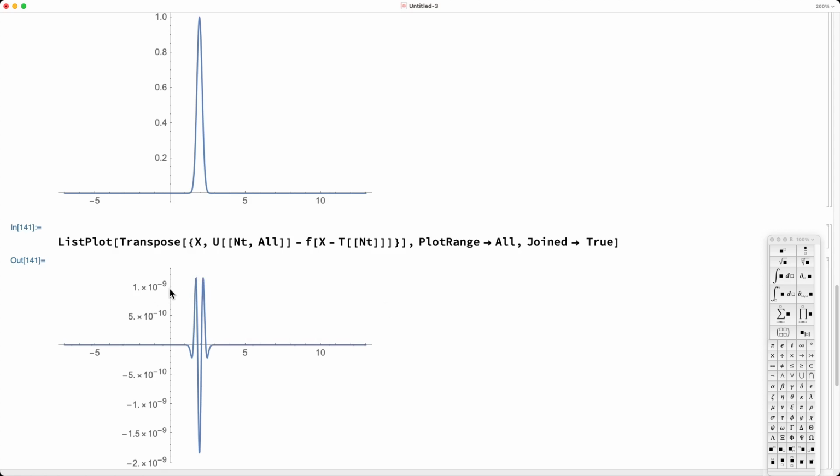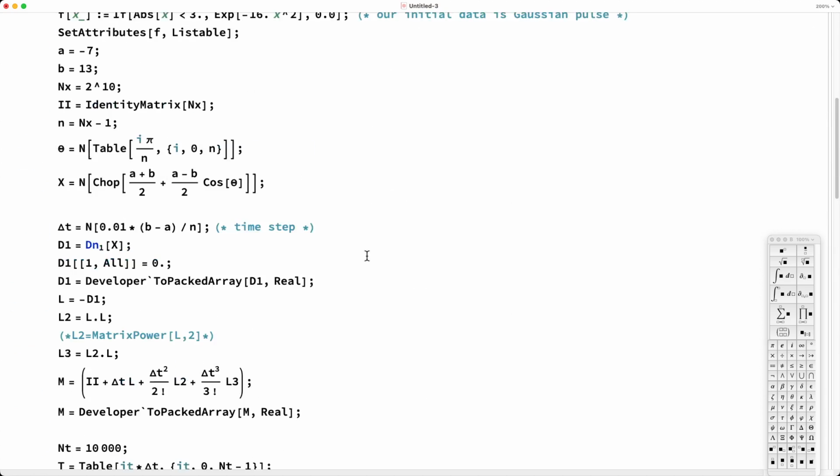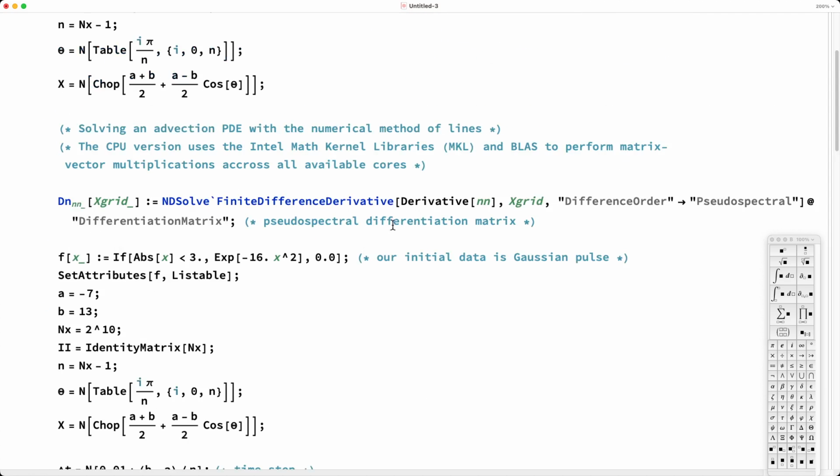The error is around 10⁻⁹, and most of this error comes from the integration method. That's Runge-Kutta of third order, which is relatively accurate, but not the best. The spatial differentiation is using a pseudo-spectral method, which is quite accurate, close to machine precision.